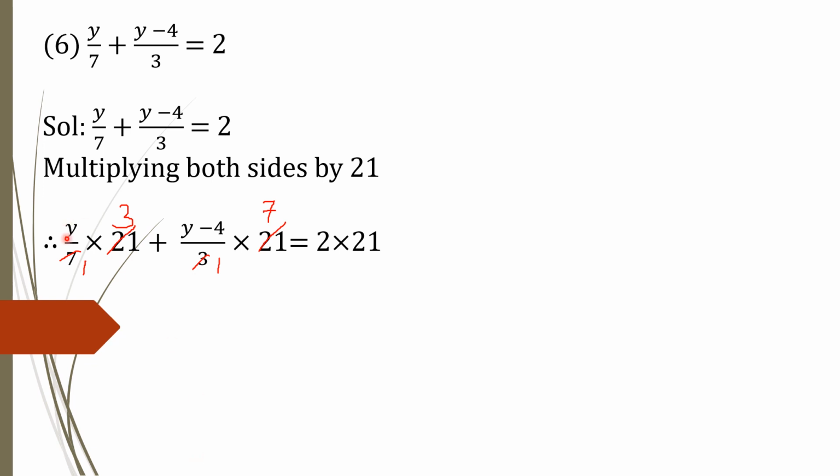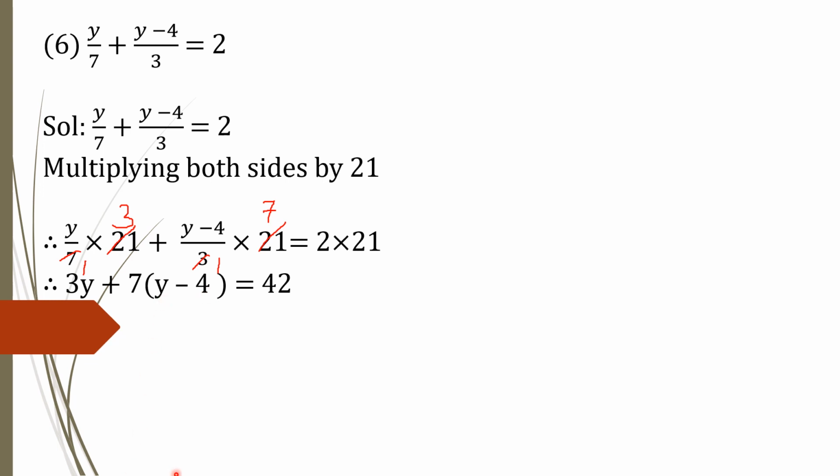So now next step, y into 3 will become, plus this 7 will multiply both the terms over here. So let's write down our next step. Therefore, 3 into y will get, student, 3y, then plus 7 into y minus 4 equal to 2 into 21 will give you 42. Now we'll open this bracket.